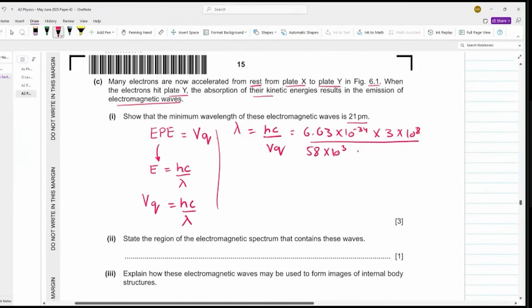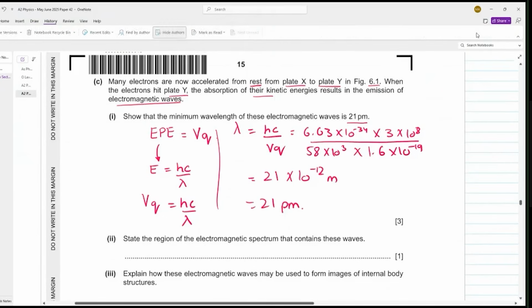What is the charge q? 1.6 into 10 raised to the power of minus 19. Can you calculate the wavelength? It comes out to be 21 into 10 raised to the power of minus 12 meters, which is equal to 21 picometers.